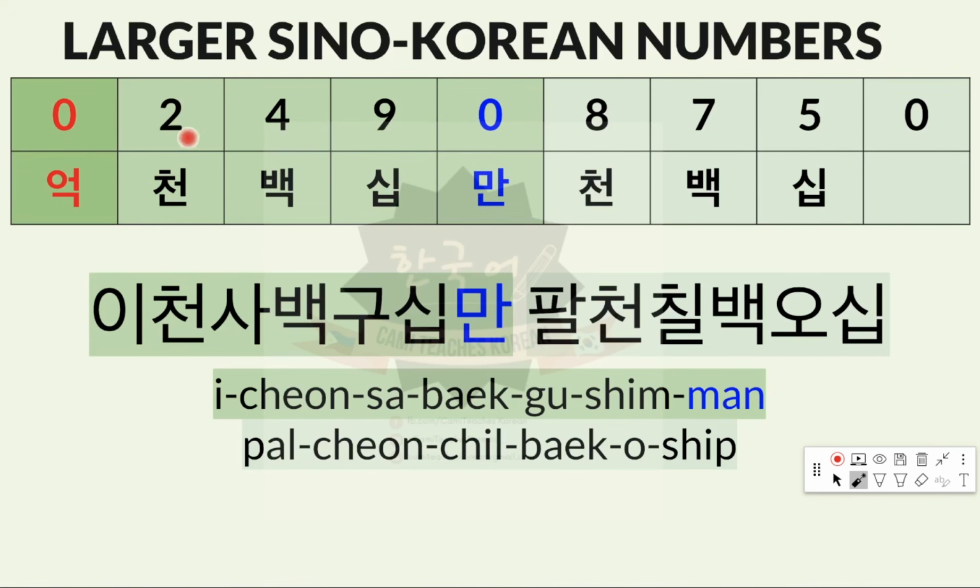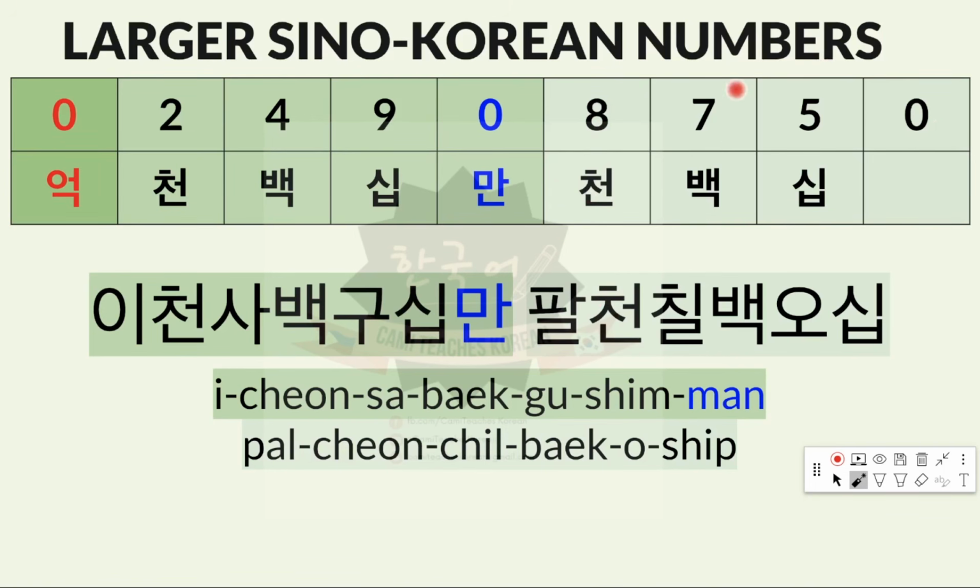Pag may ichon po siya, edi that's 20. So, ichon sabek gusimman is 24,900,000 siya. So, man needs to be included in this group. Tapos, the second group po na ito, basahin natin yung chon, 8,000.